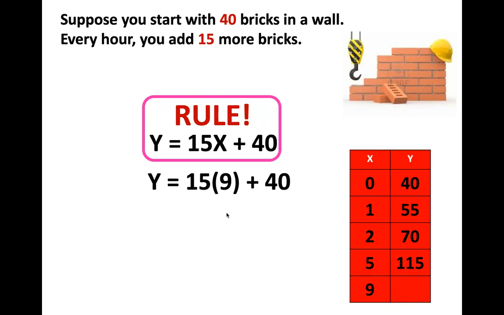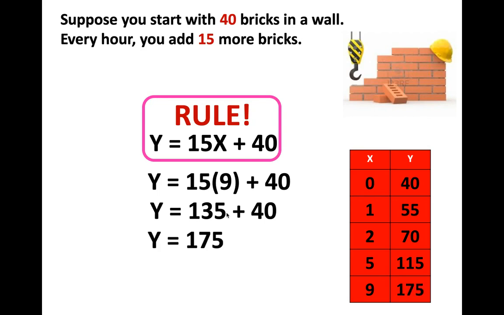So after 9 hours, do a little multiplying here, we have added 135 bricks. What have we added it to? What did we start with? 40. So 135 plus 40 equals 175. So after 9 hours, we have a total of 175.